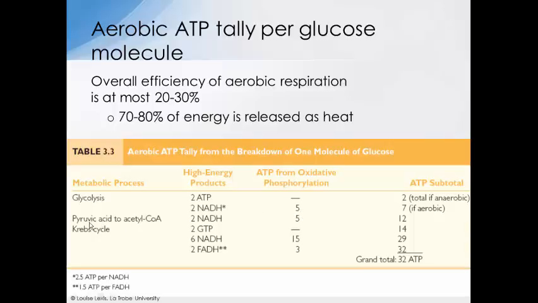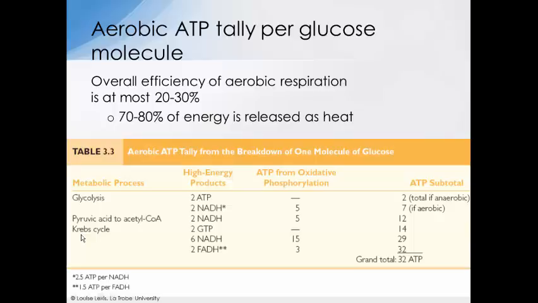The next stage was the conversion of pyruvic acid into acetyl-CoA. And remember that 2 pyruvic acid molecules were produced from the 1 original glucose molecule. 2 NADH were produced, which again gives you 5 ATP. Within the Krebs cycle, again remember that 2 pyruvic acid were converted into 2 acetyl-CoA, which entered the Krebs cycle.